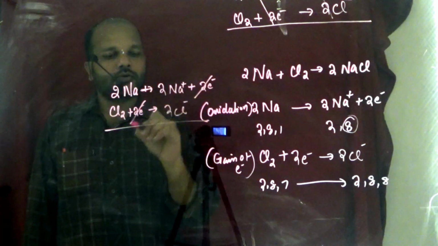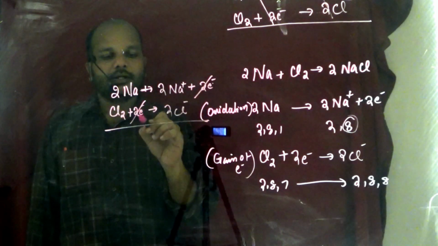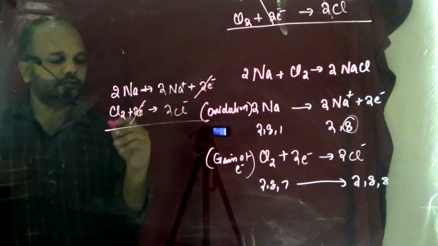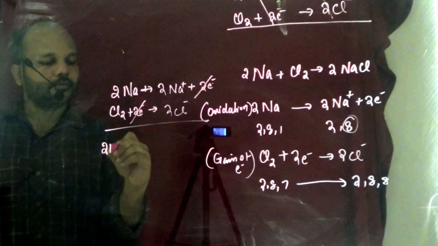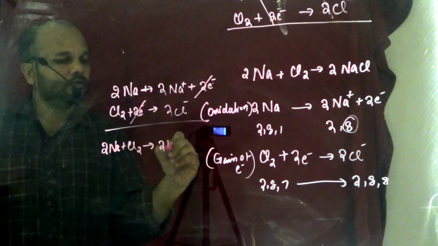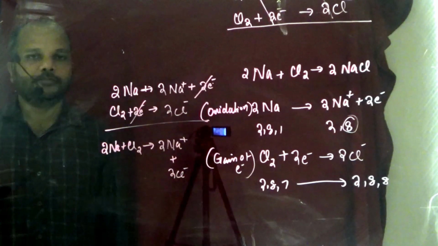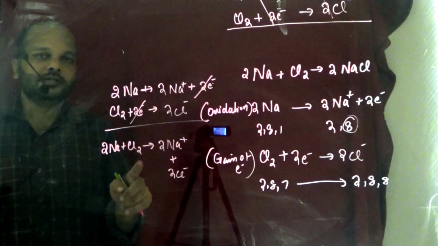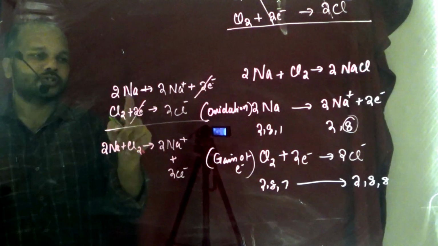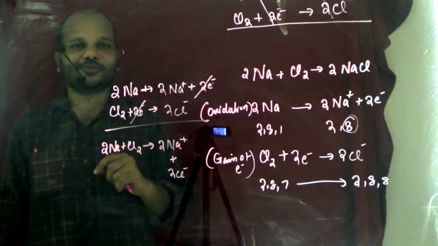The 2 electrons are on the product side here, and in the reduction half-cell they are on the reactant side, so we can immediately cancel. Then adding, 2Na plus Cl2 gives 2Na+ plus 2Cl-. This is going to be the redox reaction. Here sodium got oxidized, and chlorine got reduced.